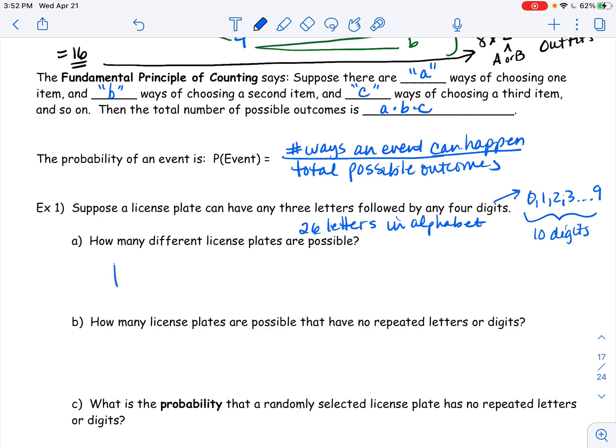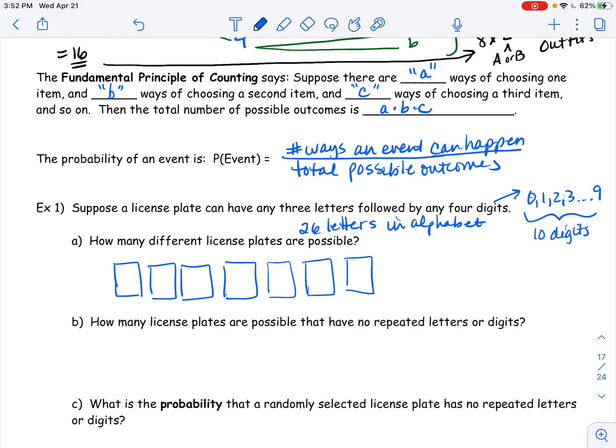So if I have a license plate that has 3 letters followed by 4 digits, I'll have 26 options for each of those letters, 10 options for each of the digits.